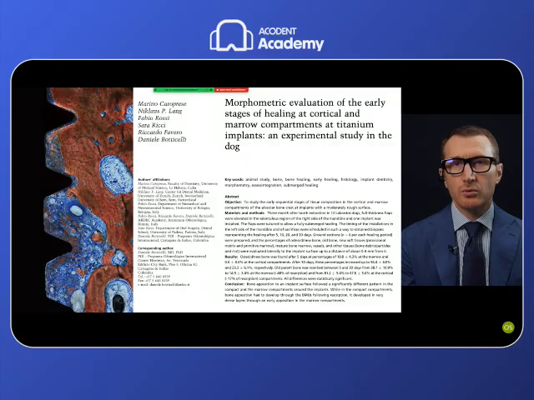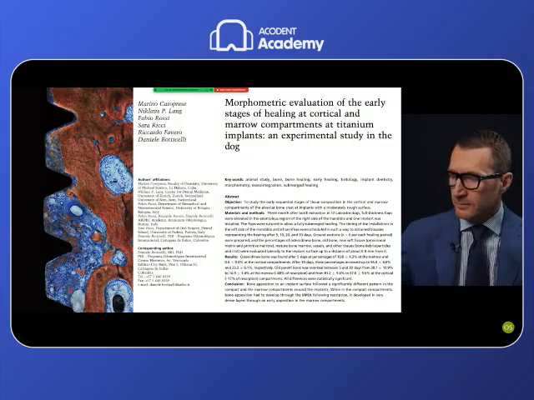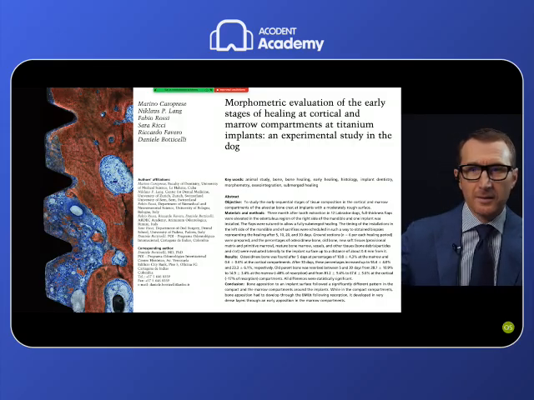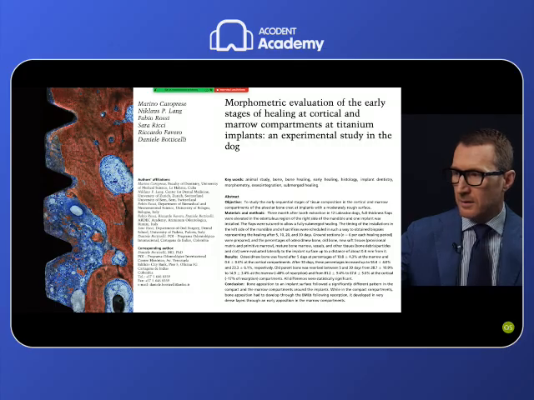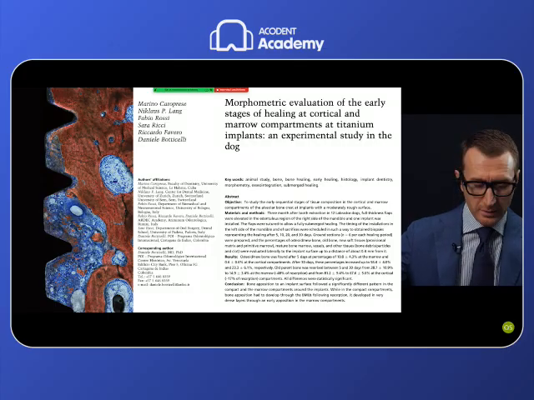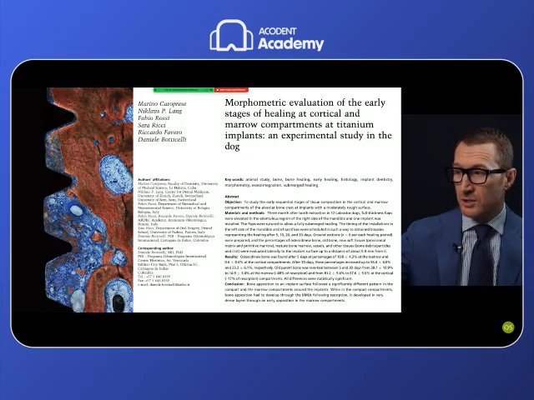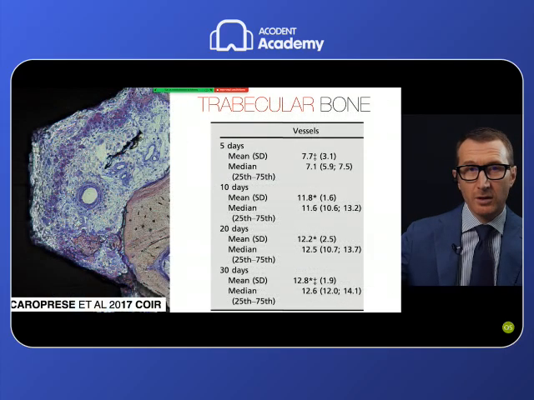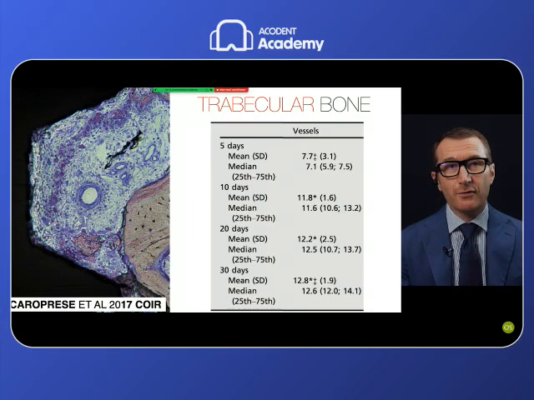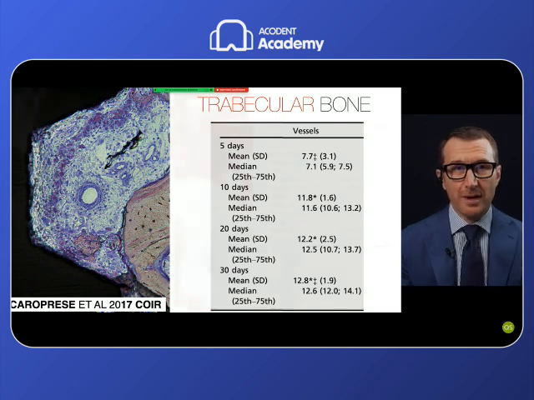And what is going to happen basically is that in the trabecular bone, we are going to have blood vessel formation very fast, really very fast, because we have empty spaces between the trabeculae.